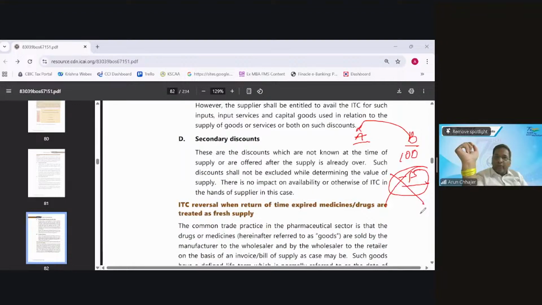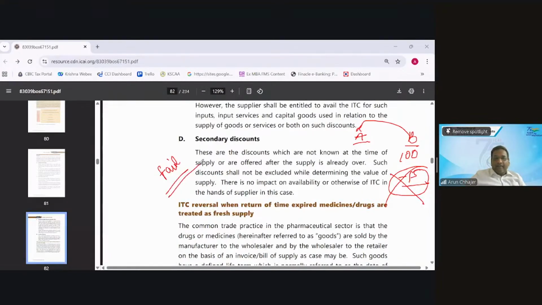Any argument? Very nice, beta. Very nice. Because the word written is 'fail to pay to the supplier within 180 days.'